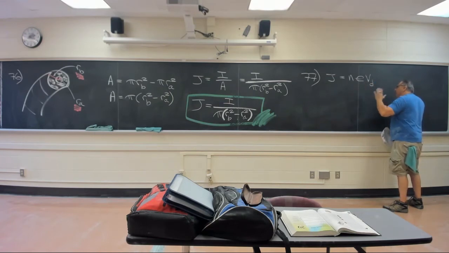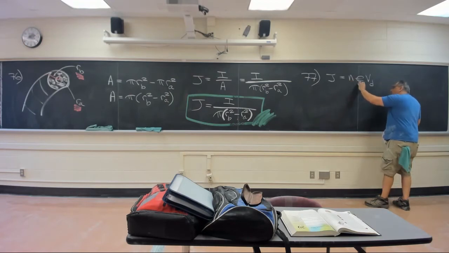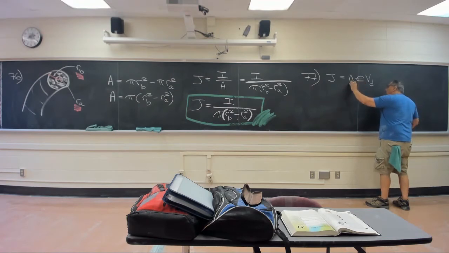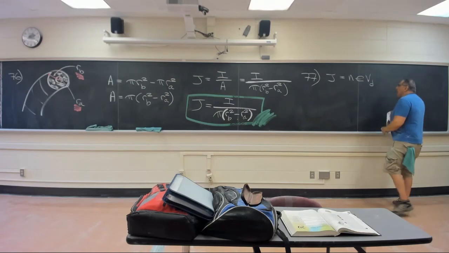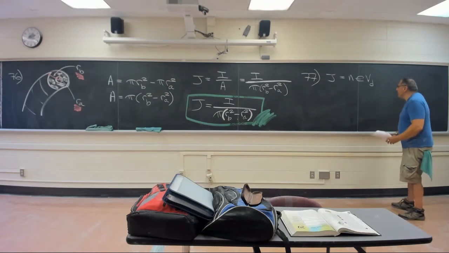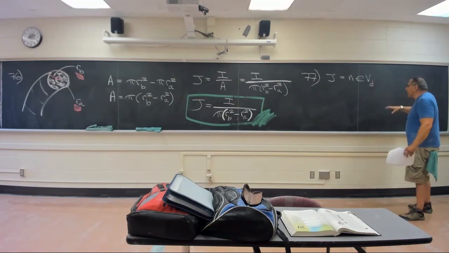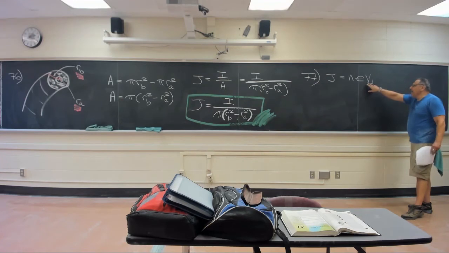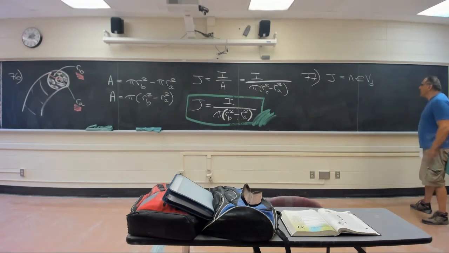This is the total number of free charge carriers per unit volume, and this is the charge per charge carrier. Multiply the two, and that's the total amount of charge per unit volume. We're assuming each one of those charge carriers is moving at an average speed of V sub D, which means a distance per unit time.